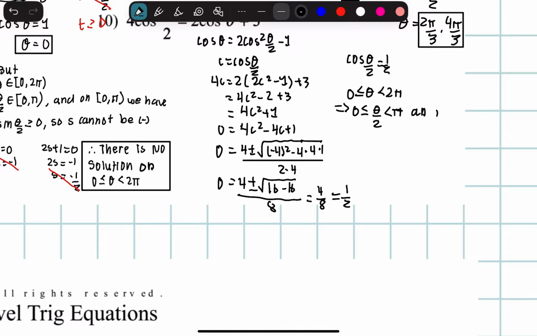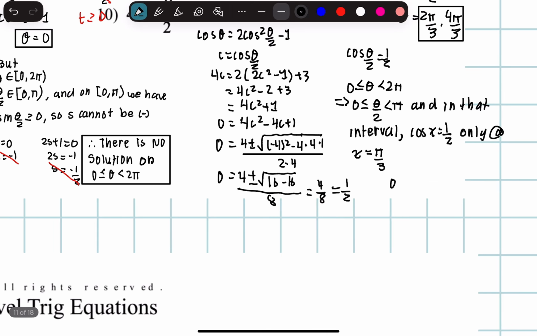And in that interval, cosine x equals 1/2 only at x equal to pi over 3. So therefore theta over 2 is equal to pi over 3. Therefore theta would just be 2 pi over 3.